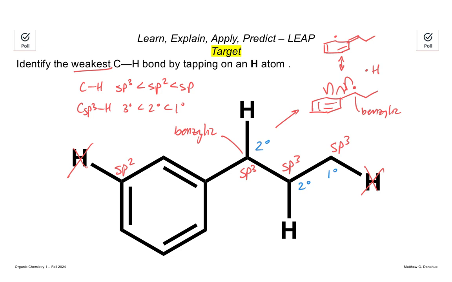I think that gives you a nice explanation, once we start learning about reagents, of how you can rationally predict what H is going to be substituted. Any questions before we really get into it?